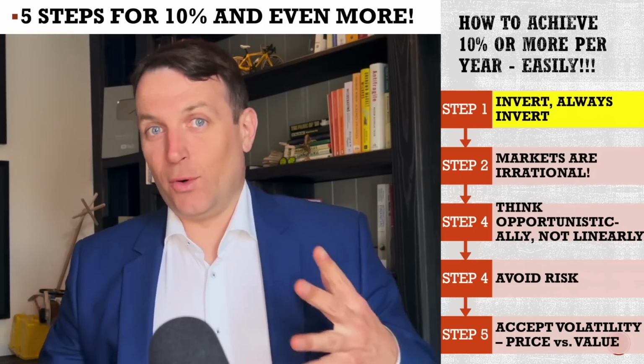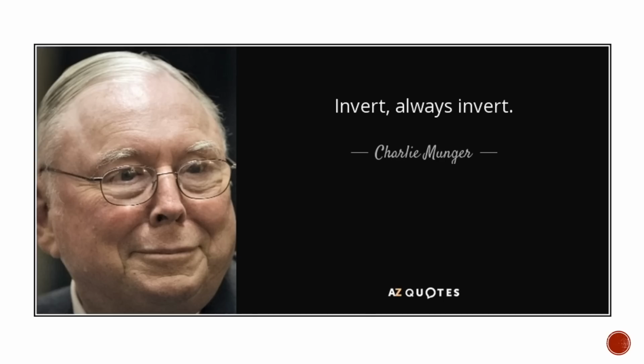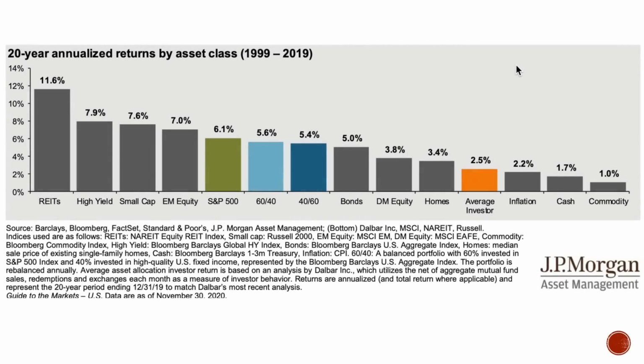Step 1 for 10% and even more, Charlie Munger, invert, always invert. And let's go here to the unfortunately removed slide on the JP Morgan Guide to Markets, but I think this is well representative of what has been going on in the market for 20 years and how people invest.